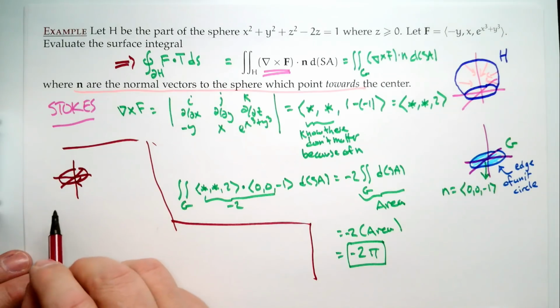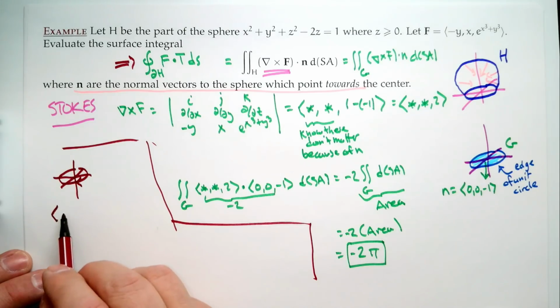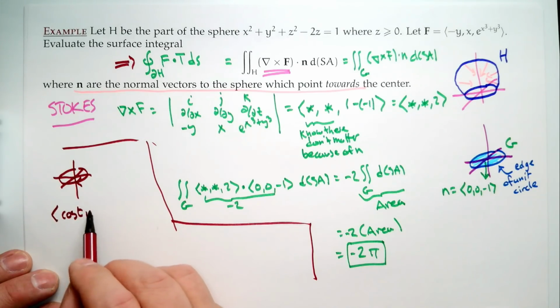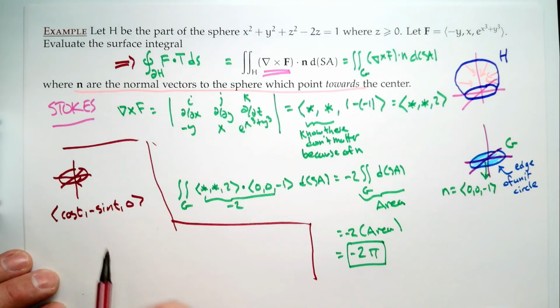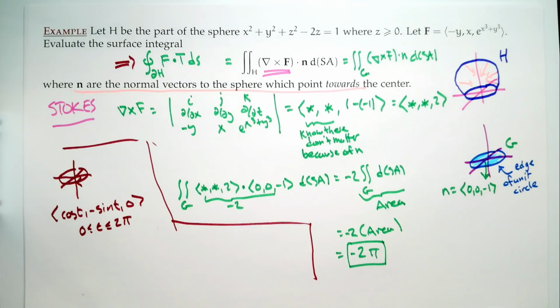So you have to get a parameterization that works for a circle going backwards. And here's one that does it: cosine t, negative sine t, comma 0, where t goes between 0 and 2 pi. That's a parameterization that goes backwards on your boundary, and the reason I'm saying backwards is that it matches the orientation you're given on the surface.